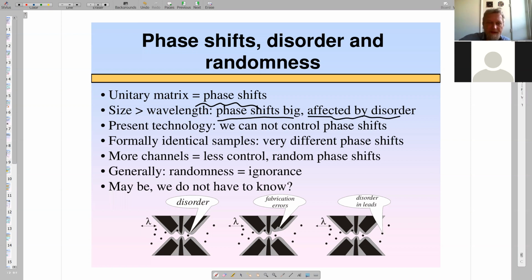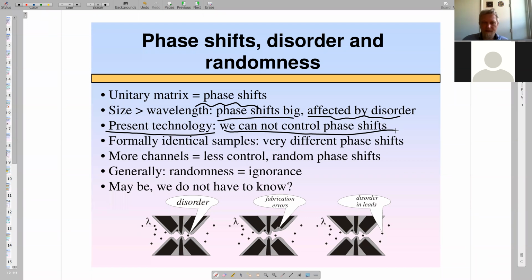And it would be fair to say that with present-day technology, what we have now in the lab, we cannot control phase shifts. We couldn't make a structure of even 10 conducting channels with all phase shifts controlled.